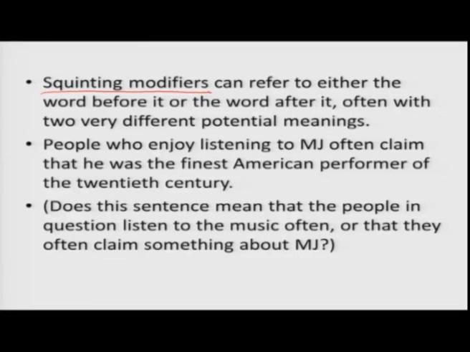It can refer to either the word before it or the one which comes after it, thereby leading to at least two very different meanings. Look at this example. People who enjoy listening to MJ often claim that he was the finest American performer of the 20th century. Here, the modifier is often, but the problem here is this modifies two things.